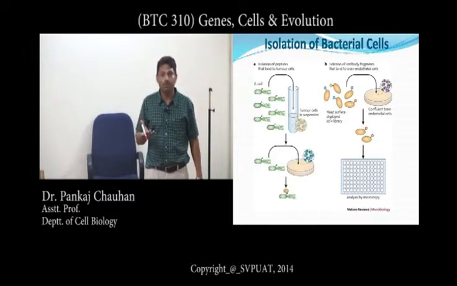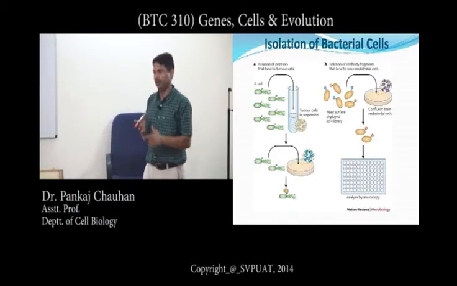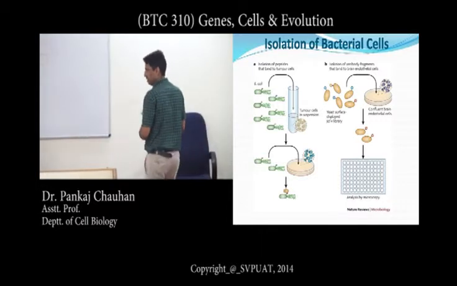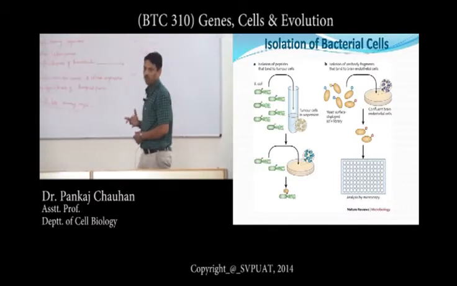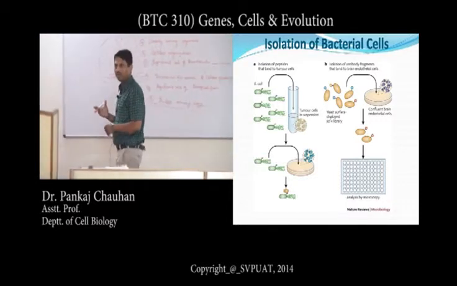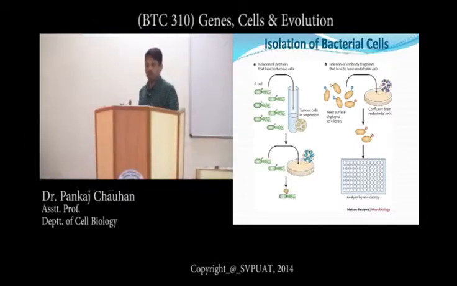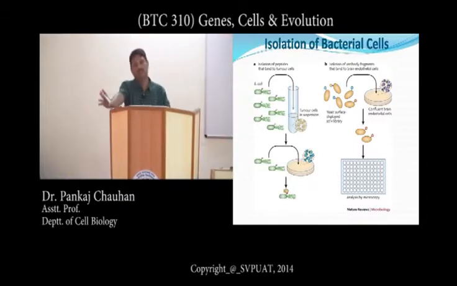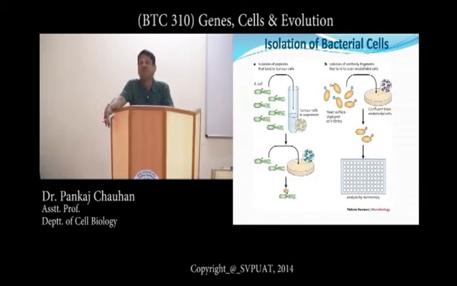And then you will use a dilution method. You go through different dilutions, and then you will be able to derive a single cell, if you are talking about prokaryotic cells. And if you are going to derive a different cell like eukaryotic cells, you have to perform different criteria and parameters.